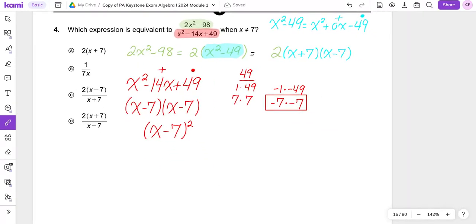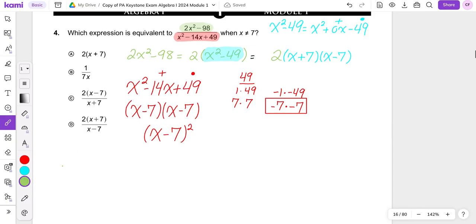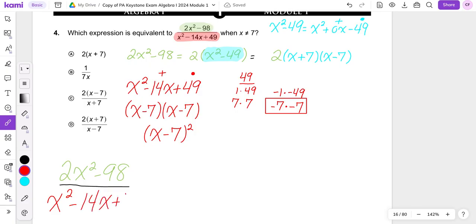So now going back to the original expression, we had the 2x squared minus 98 over the x squared minus 14x plus 49. And then we factored each side.